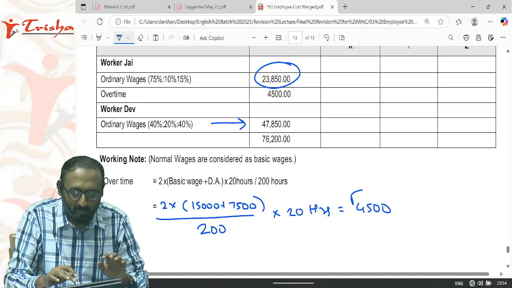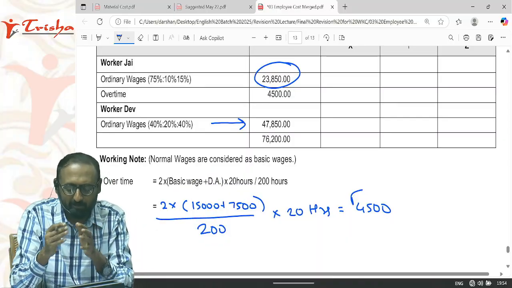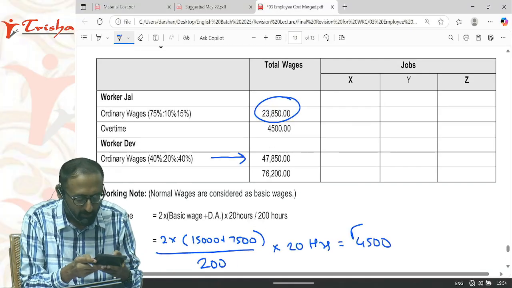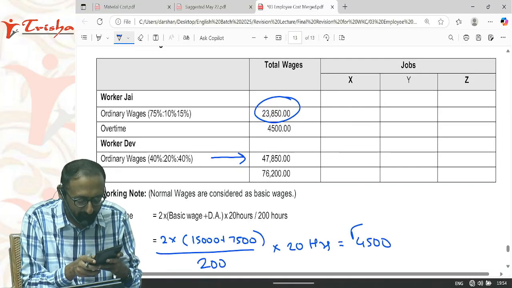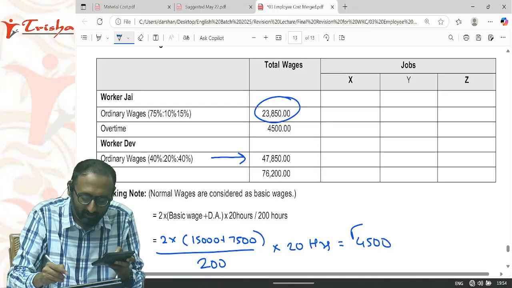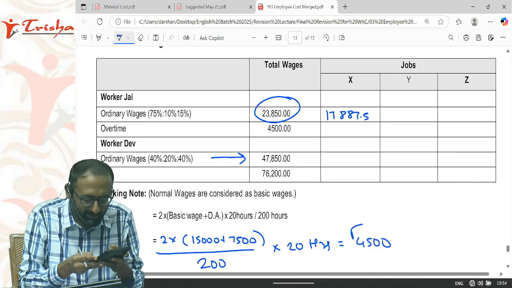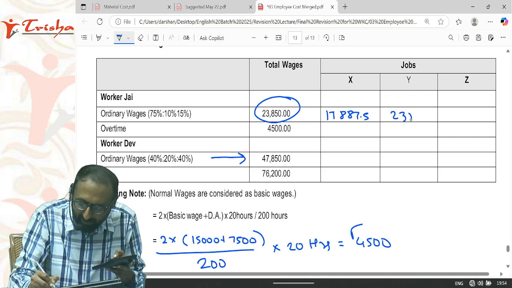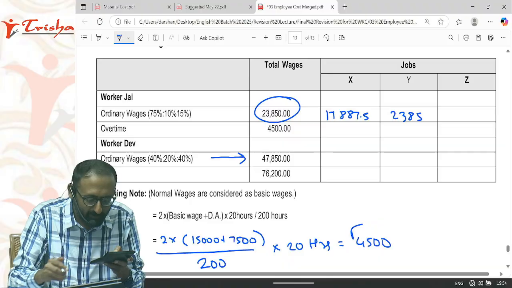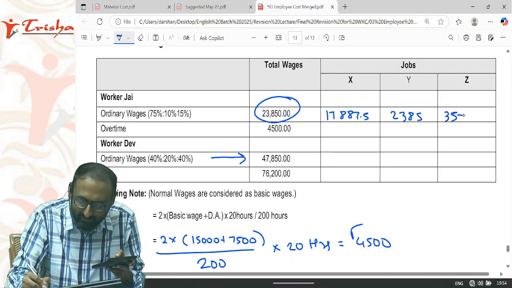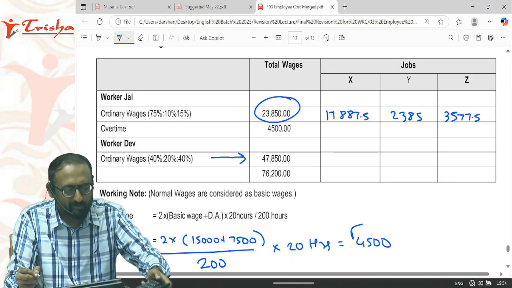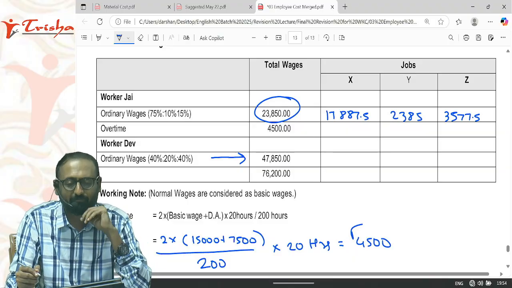Percentage is given: job number X 75%, 10%, 15%. 23,850 multiplied by 0.75, is it 17,887.5? 0.10 will be 2,385. 0.15 will be 3,577.5.